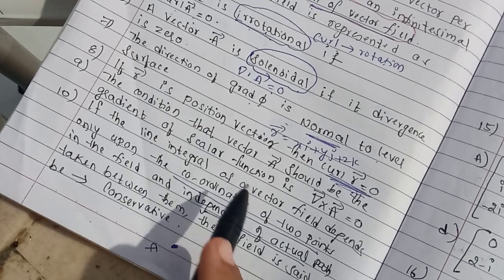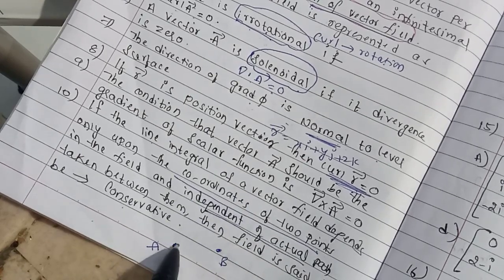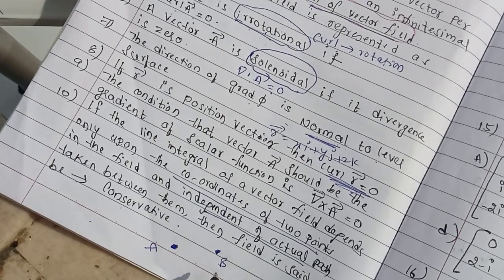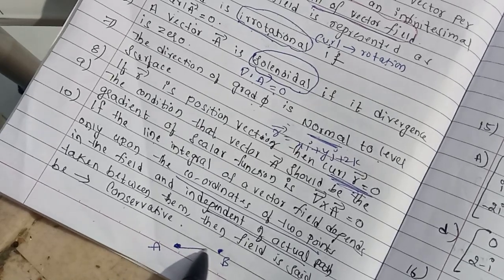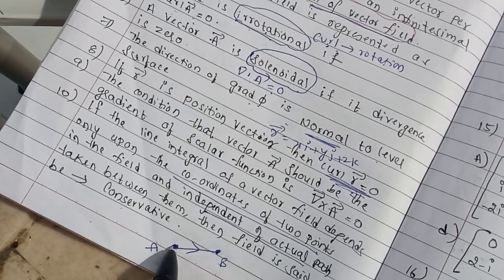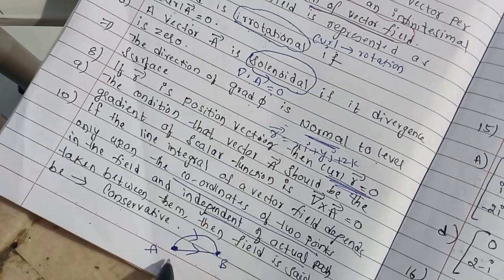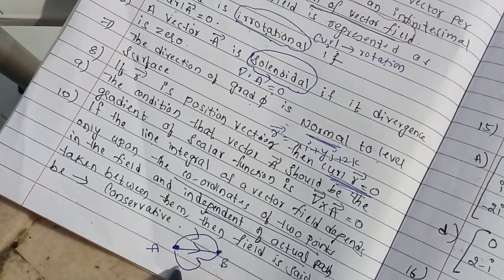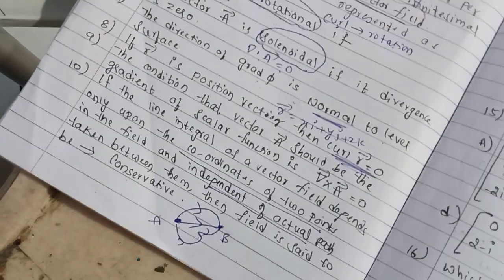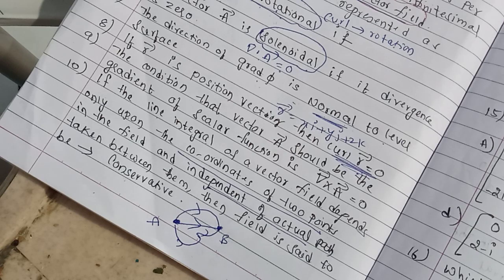The line integral of any vector field depends upon these 2 points only. So between these 2 points we can move in such a way, in such a way, in such a way. Right? So a number of ways will be there to reach B from A.